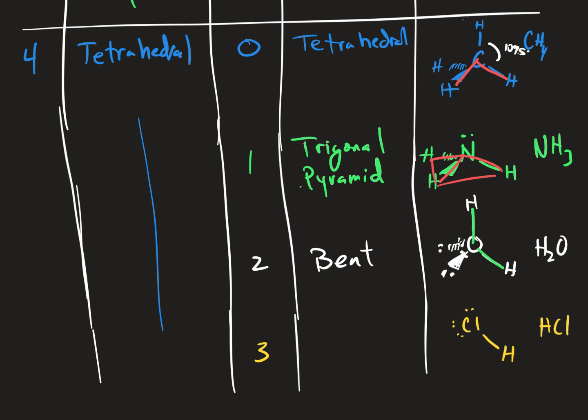So the electron geometry is still tetrahedral. And the molecular geometry is what? Linear. That's it. Good?